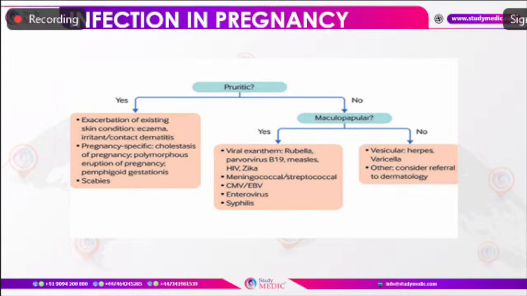If there is a presence of a maculopapular rash, then we have to think of viral exanthems like Rubella, Parvovirus, measles, etc. Or it can be related to meningococcus, streptococcus, syphilis, CMV, etc. If it's not associated with a maculopapular rash, but if there's a vesicular rash, then we need to think in terms of herpes infections or varicella. Well, if the diagnosis is not fitting into anything, then we'll have to refer the patients to dermatology and look at other causes of this.